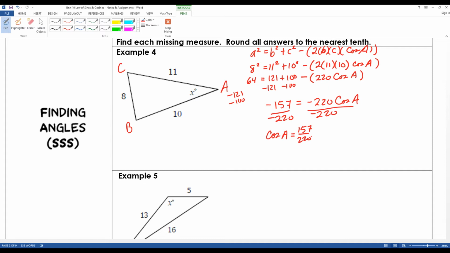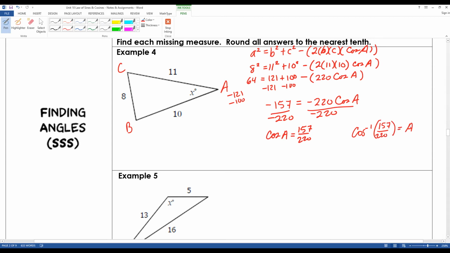Yeah, it's the last unit where we solve for angles. In order to solve for the angle, we had to use the inverse function. So if you remember that if the cosine of the angle equals the ratio, then the inverse of the ratio equals the angle.